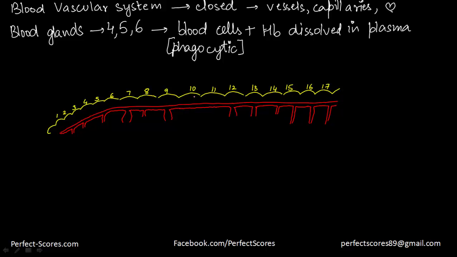So at number 7 and 9, this extension that you can see is known as a lateral heart. Both of them are lateral hearts. And this entire structure is the dorsal vessel.